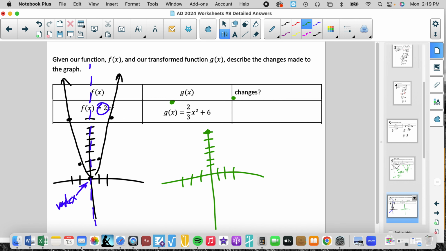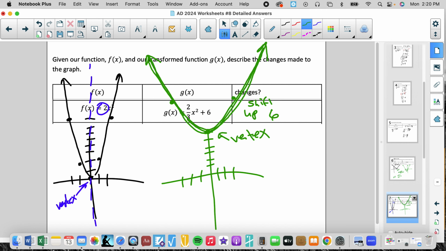-3, 12. And you notice that it's much wider on the bottom because it's moving outward. So what is the transformation from this vertex? That transformation is going to be up 6.